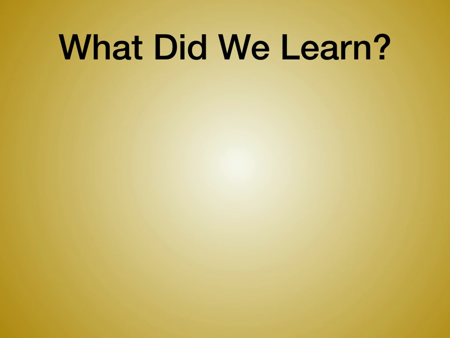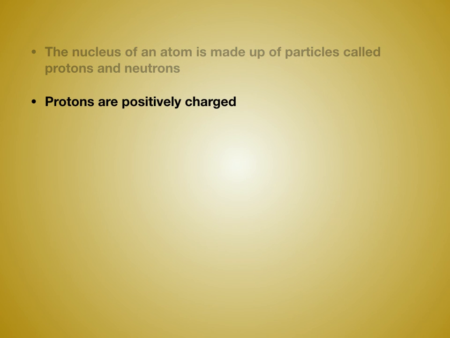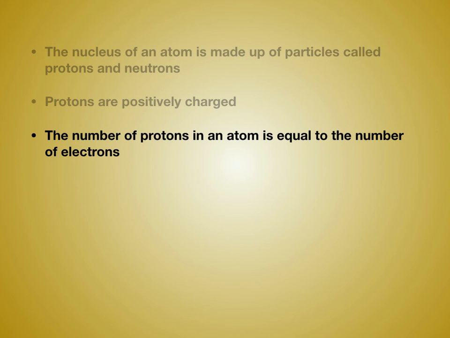So, where does that get us? First of all, the nucleus of an atom is made up of particles called protons and neutrons. The protons are positively charged. The number of protons in an atom is equal to the number of electrons. Has to be, otherwise the atom would have an overall charge.